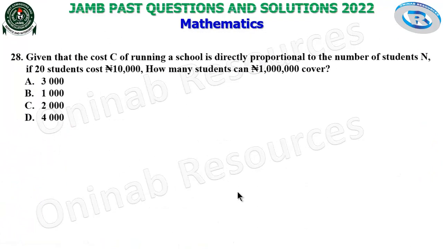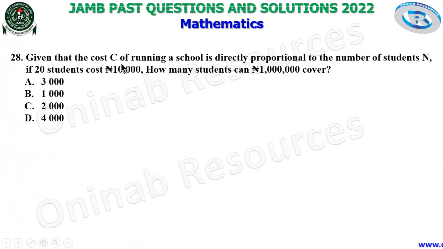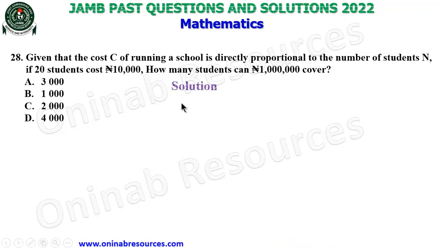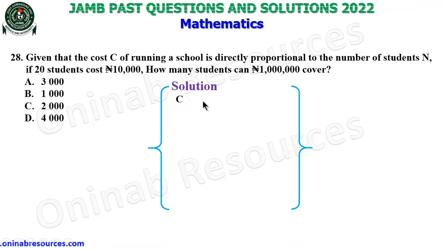We then go to problem 28. Given that the cost C of running a school is directly proportional to the number of students N, if 20 students cost 10,000 naira, how many students can 1 million naira cover? This is direct proportion, so C is directly proportional to N, where C = kN.